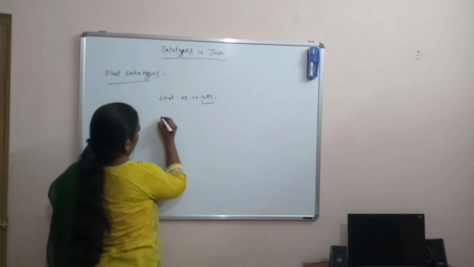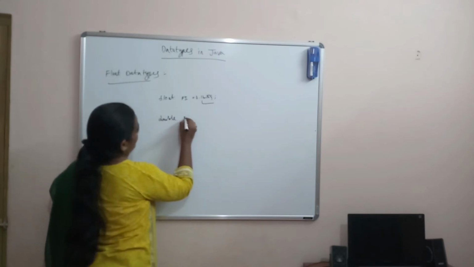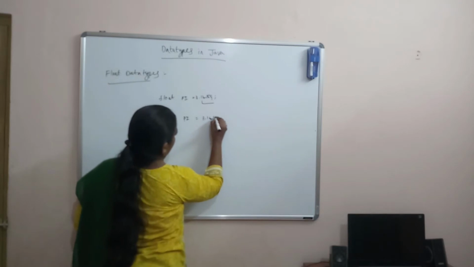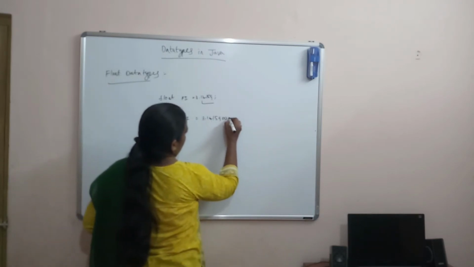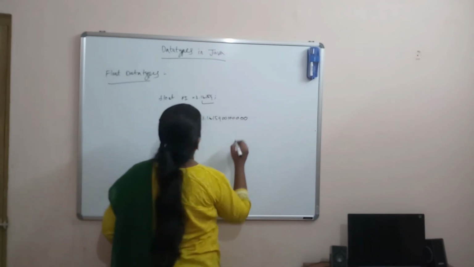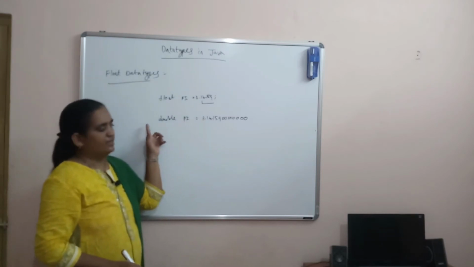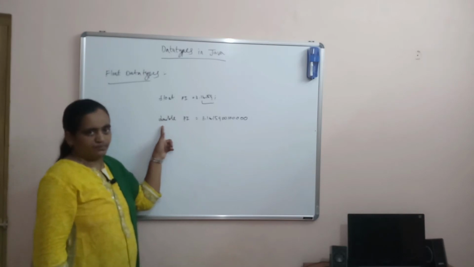If I would like to display more than 7 digits, I need double data type, pi equal to 3.14159000100 and so on. I need to display the pi value, and that time I need to take the data type as double.